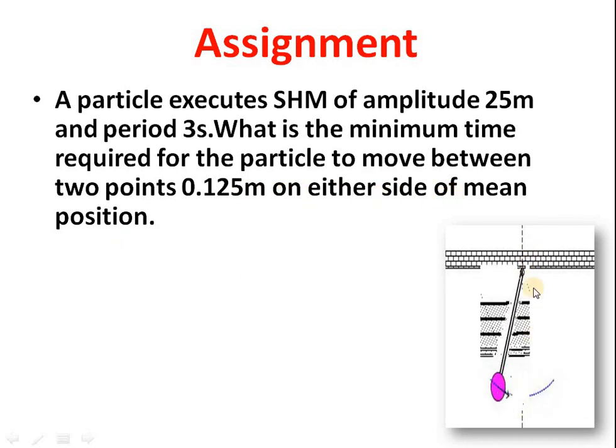The question asks, you have a simple harmonic oscillation. Its amplitude is given, period is also given, and what is the time required to move between 0.125 meter on the left and right side? So this is the x value actually.